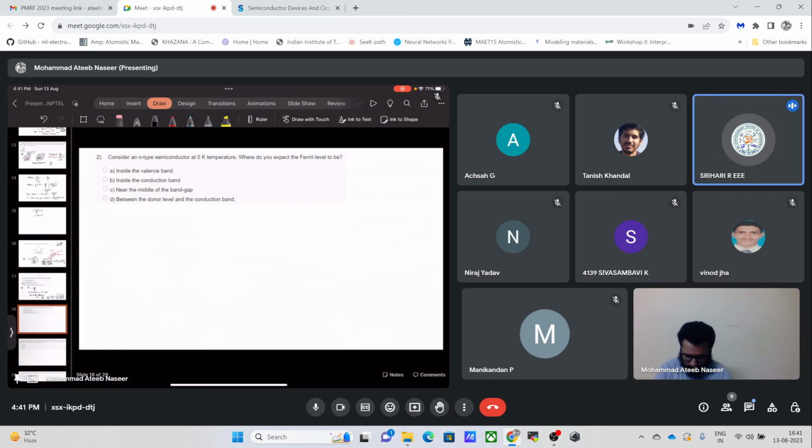Since it is an n-type semiconductor, generally the Fermi level will lie above the intrinsic Fermi level. Yes. Absolutely, Shri. Some other person can also answer. This is really a nice answer by Mr. Shri.